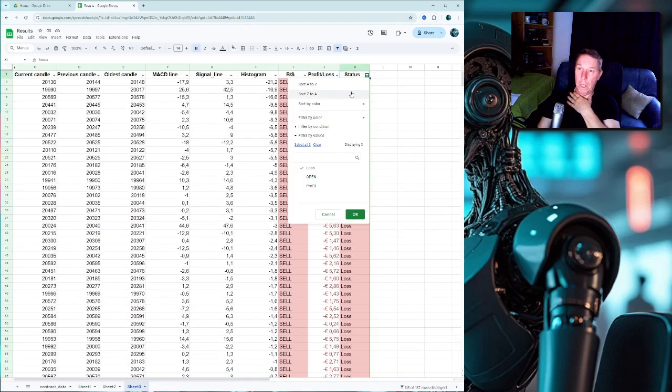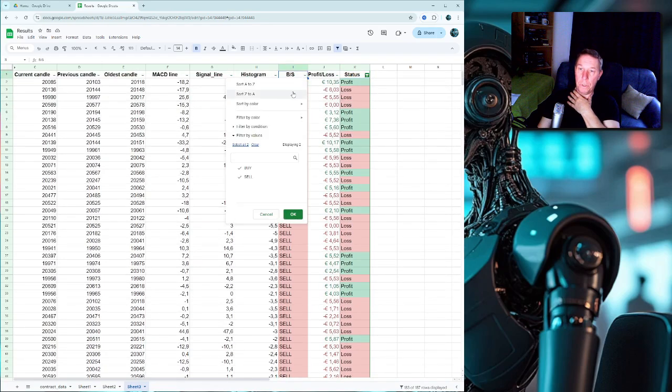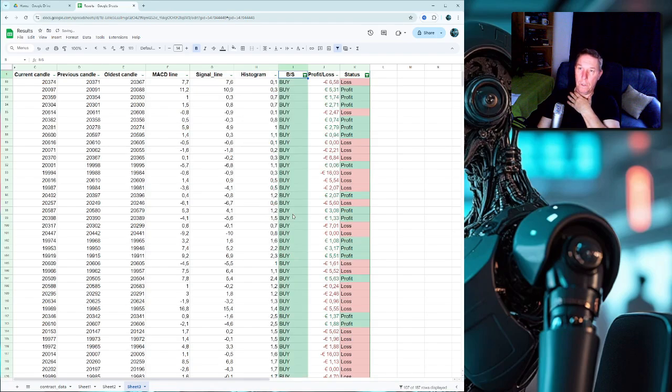also the buy, the profitables and the status. And I'm going to lose the sell. So I'm only looking at the buys, no matter if it was profitable or if there was a loss.